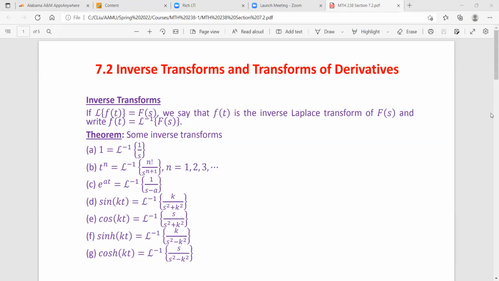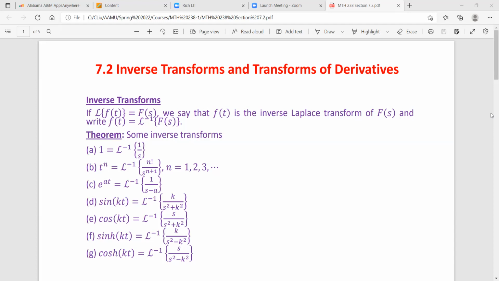We call the Laplace transform of f of t capital F of s. Then we take the inverse Laplace transform to get it back into the domain of t, and in that way we solve a differential equation.